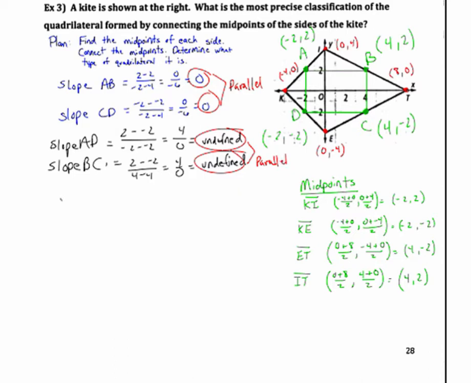So what I have managed to show is that ABCD is a parallelogram because both pairs of opposite sides are parallel.